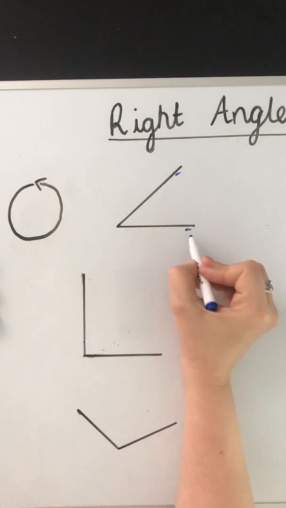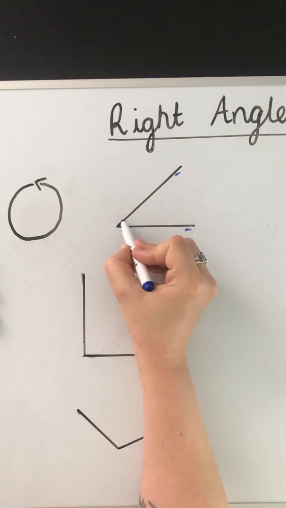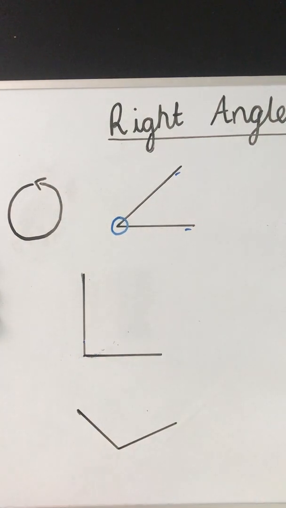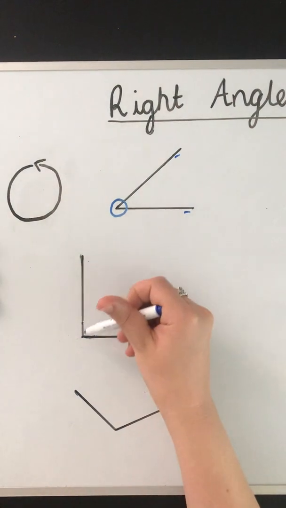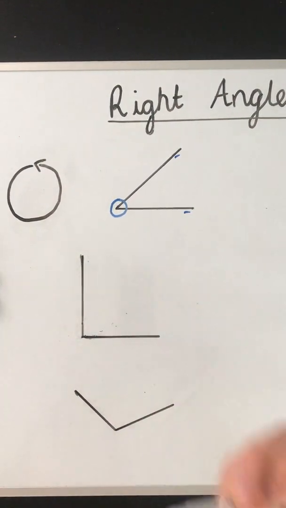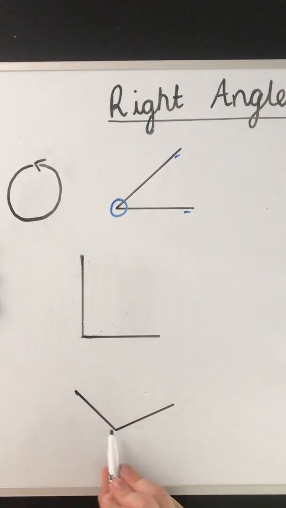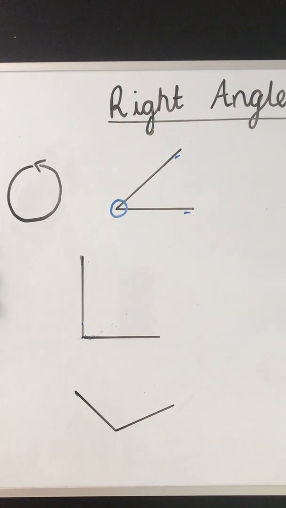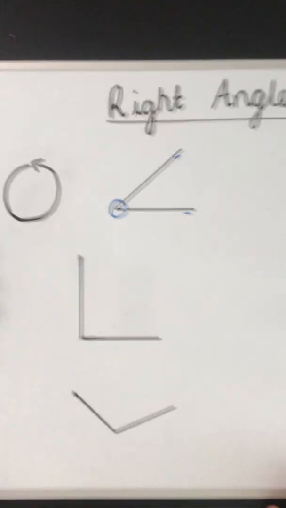So this line and this line have met in the corner here. They've met in the corner here. These two lines have met in this corner here, and these two lines have met in this corner here, okay?